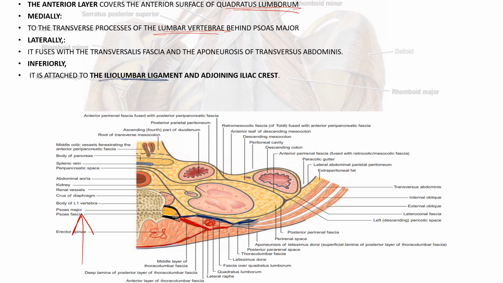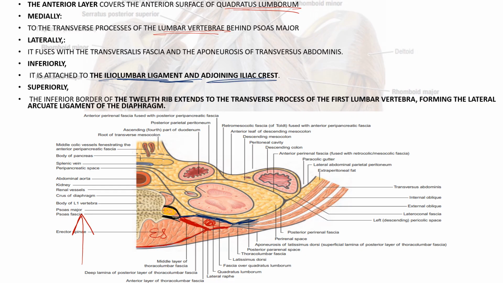It will attach to the iliolumbar ligament and the crest. The crest is common in all. Superiorly it is the same. It is attached to the 12th rib and to the transverse process of the first lumbar vertebra, forming the lateral arcuate ligament of the diaphragm. So this is important. The lateral arcuate ligament of the diaphragm, which you study in the diaphragm, is actually formed from the anterior layer.